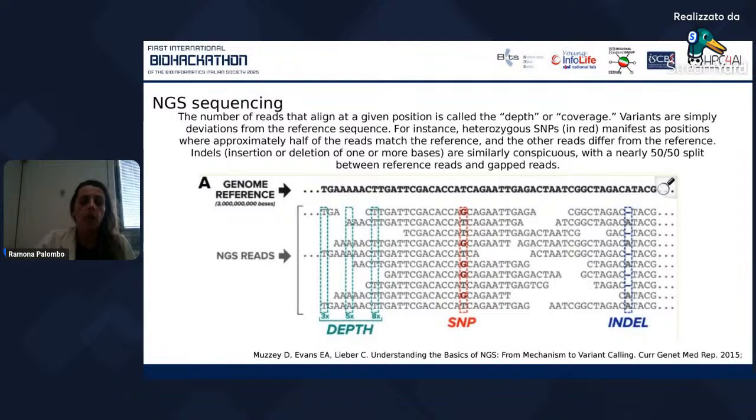Obviously, we need a genome reference, and the reference choice is very important, because when we analyze mammalian cells, but we don't know the specific organisms that we are studying, there could be some problem.